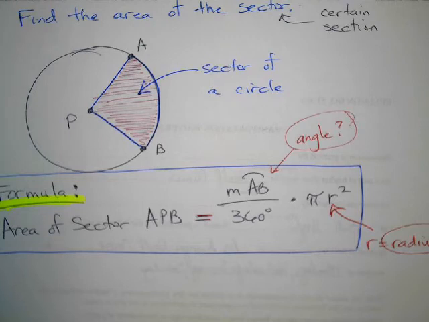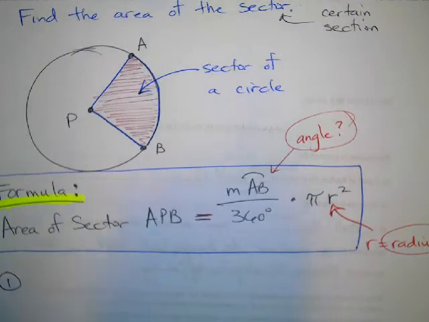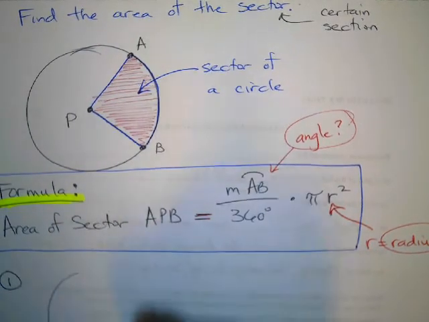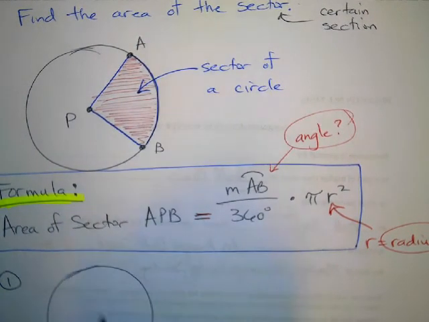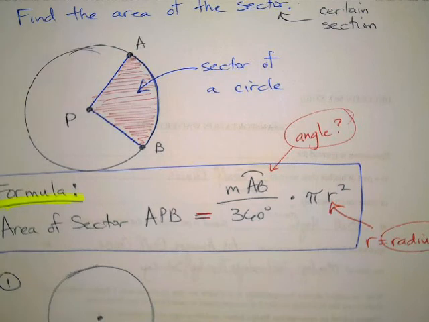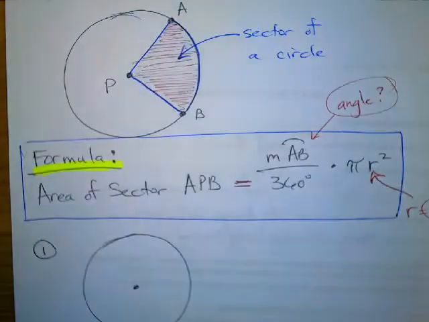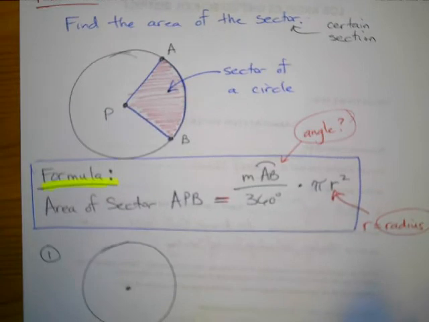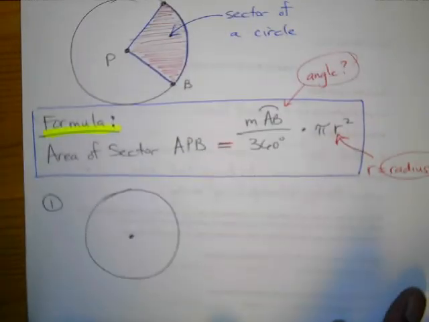Here we go. Find the area of the sector, or the sector area. Number 1. Okay, so we have a problem like this. We have a circle. All right, we need to pause it. We need to pause it to copy, or maybe rewind it, or whatever you need.